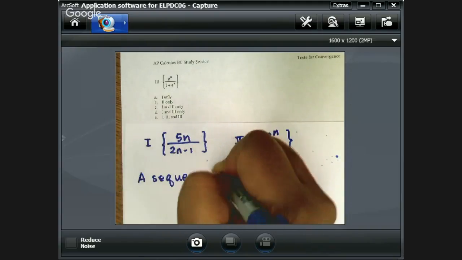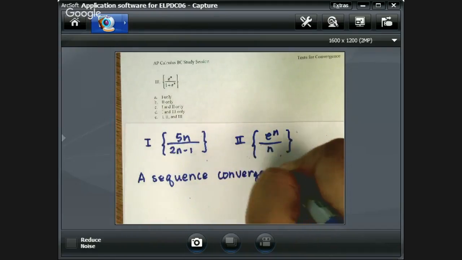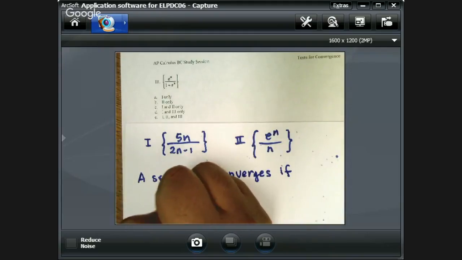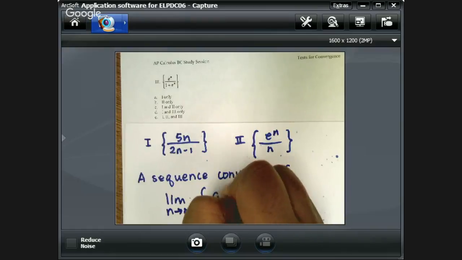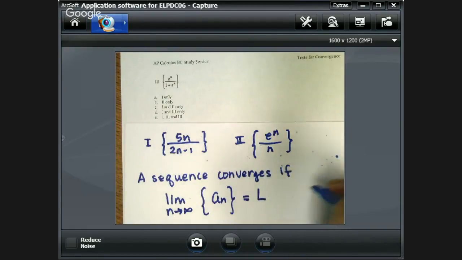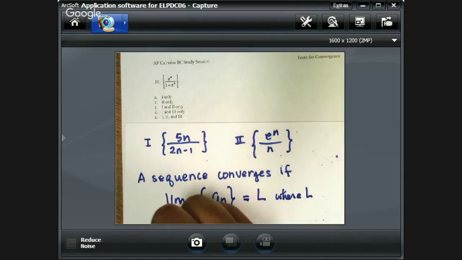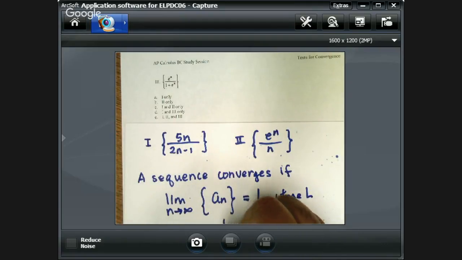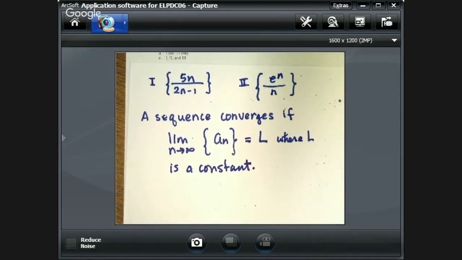A sequence converges if the limit as n approaches infinity of that nth term is a constant.